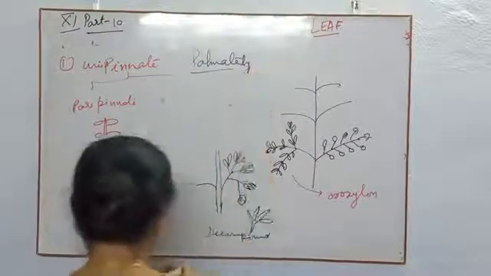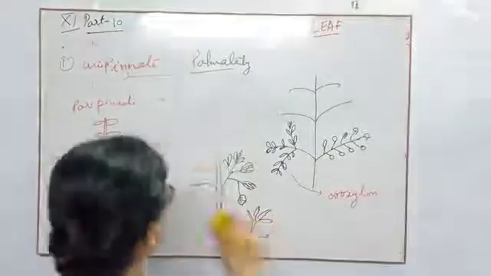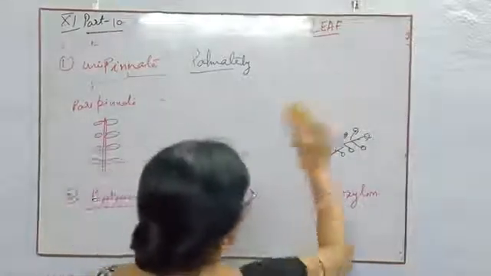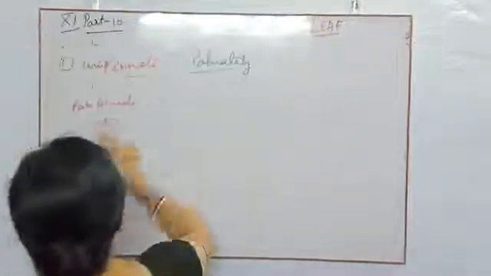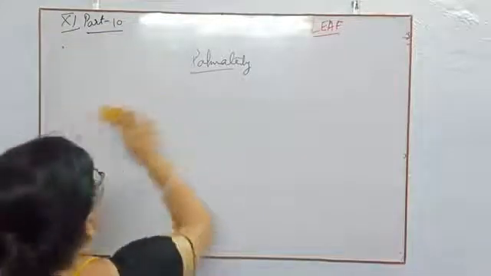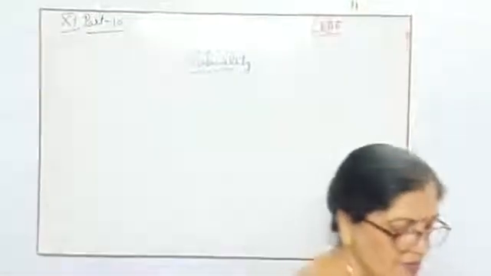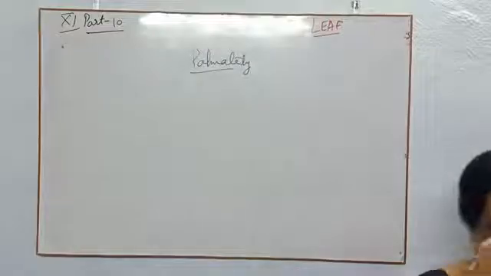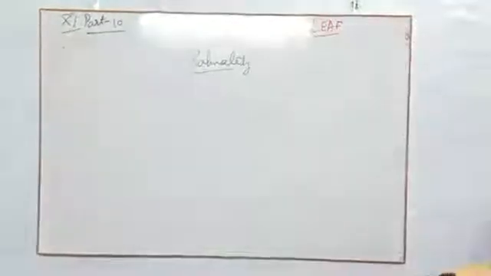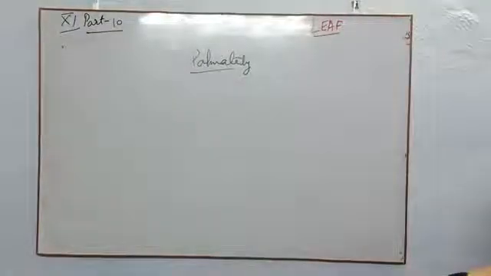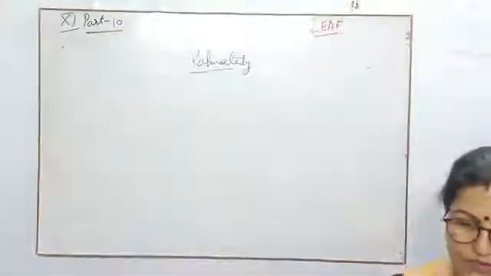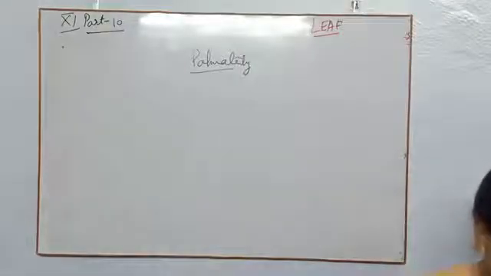Palmate leaf. Palmately arranged compound leaves. And again I am telling you, as the name suggests, palmately means one origin and the other parts are arranged there.